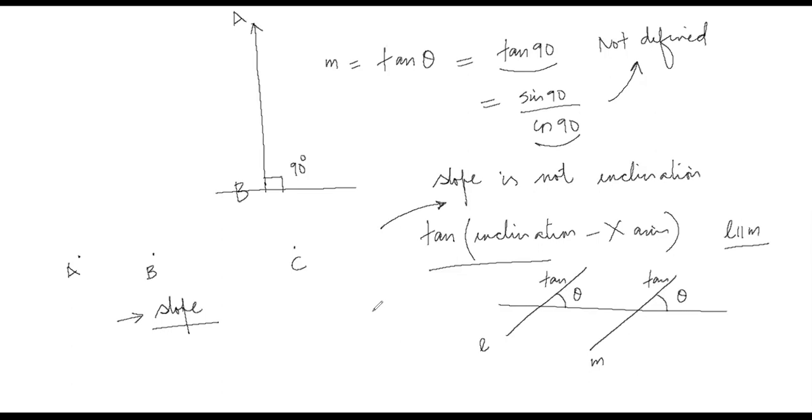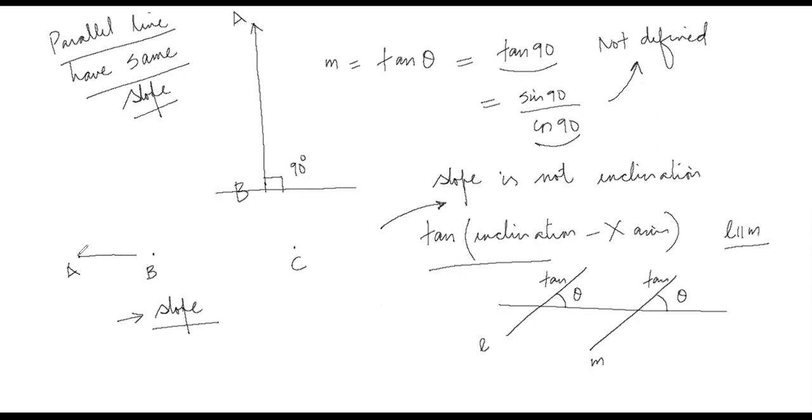Means parallel lines have the same slope. Based upon this, let's say ABC is a straight line. Now the straight line can be thought of as split into 2 lines, AB and BC.